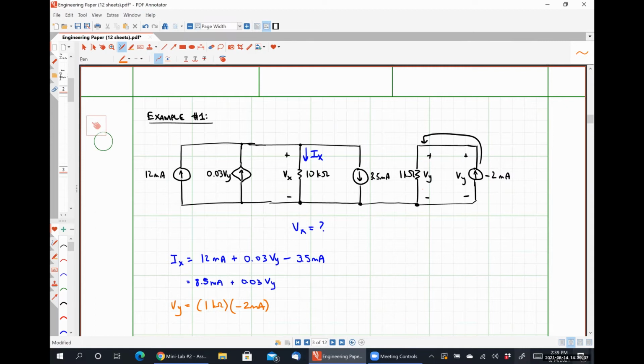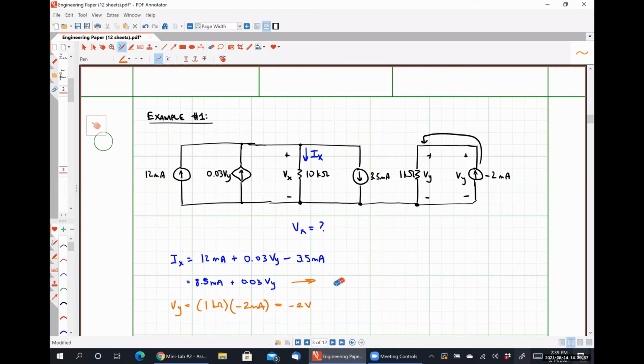So negative 2 milliamps is flowing into the positive polarity terminal, giving us a voltage Vy equal to negative 2 volts.